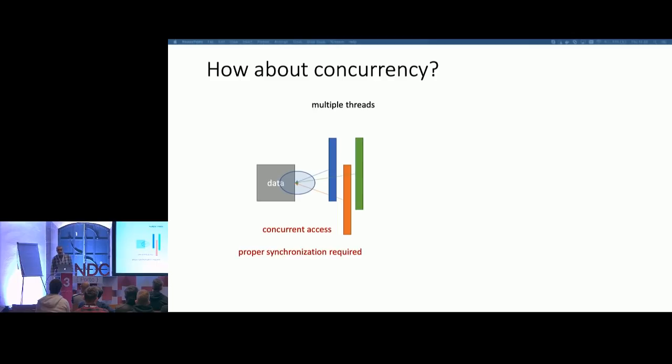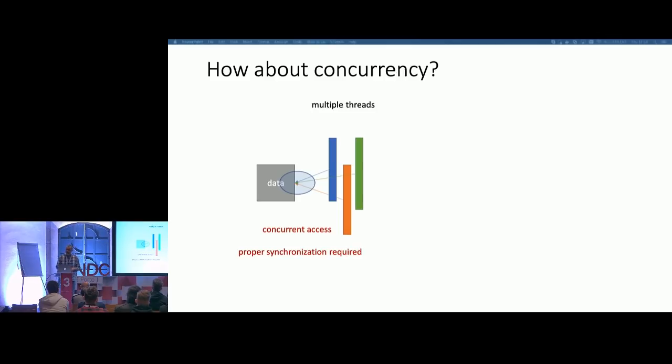What is proper synchronization? It depends, but I may need to use locks, I may need to use synchronized in Java, I may need to use monitors or semaphores in Java. It depends on the exact type of access that I'm doing, but proper synchronization needs to be in place.